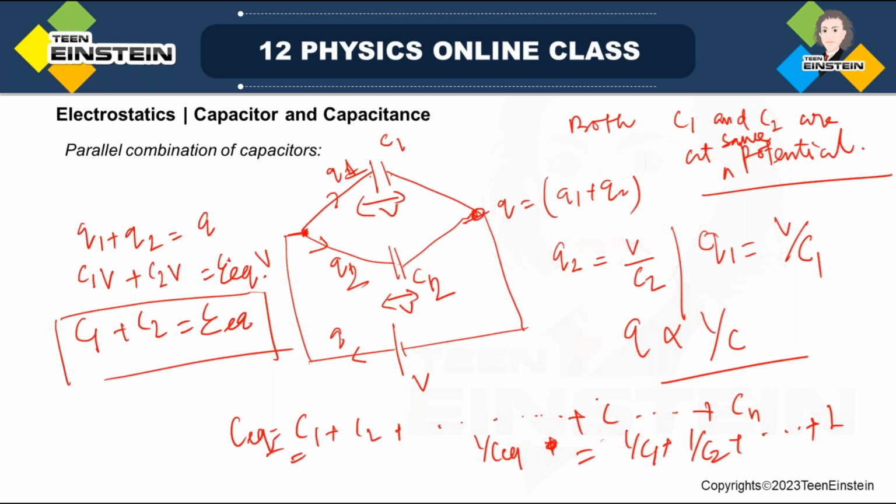Okay, so we have already learned how to calculate the equivalent capacitance of a combination of capacitors in series or in parallel.